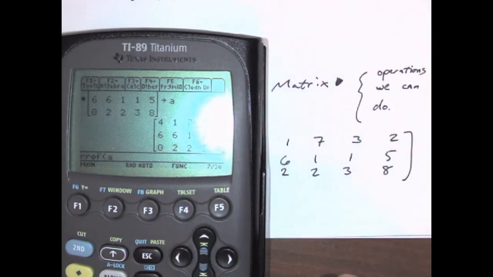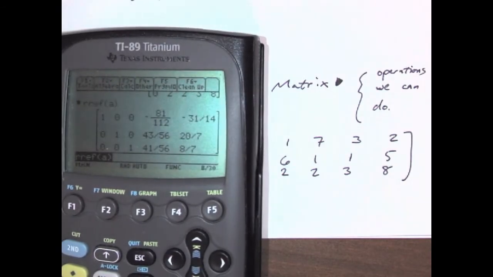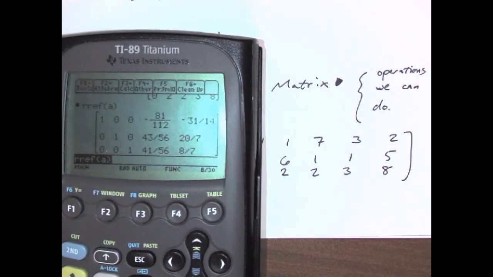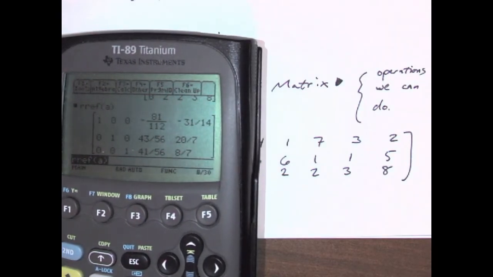So A, and end the parentheses, press enter, and here what we've got is the reduced or echelon form, and from what the answer is here, we know that the work would have indeed been terrible.